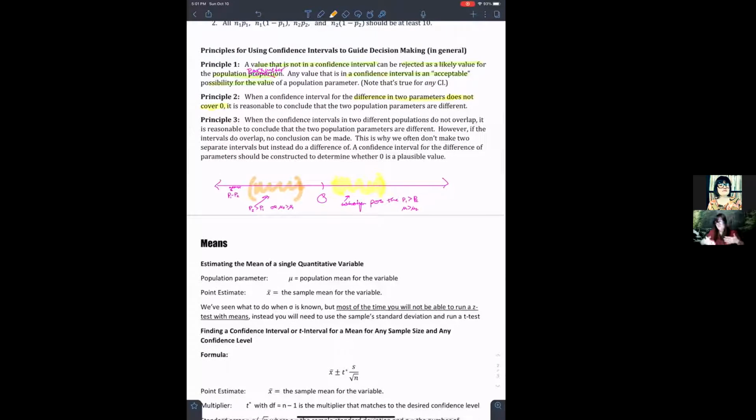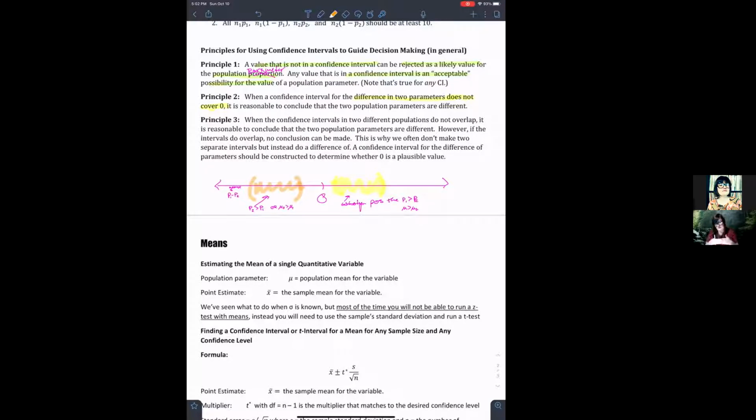The other way that we could have done this is by taking a confidence interval for each one, a confidence interval for P1 and a confidence interval for P2, and looking to see if the intervals overlap or not. If they don't overlap, then it makes sense that there's a difference.